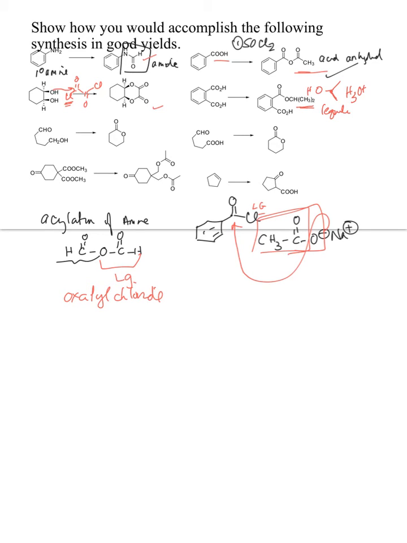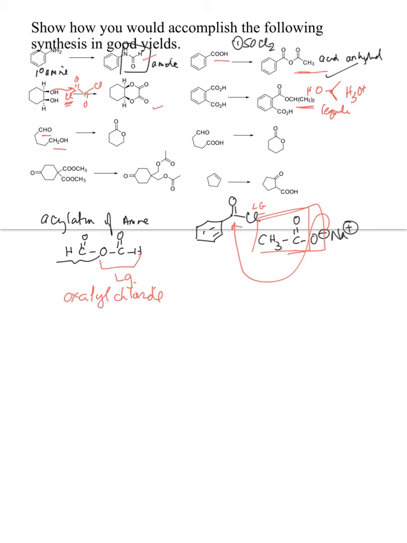Okay, the next example would be an aldehyde, and this is a primary alcohol, and you want to make an ester.